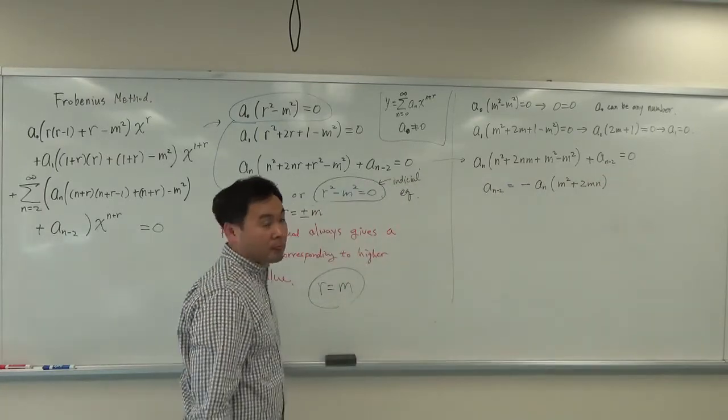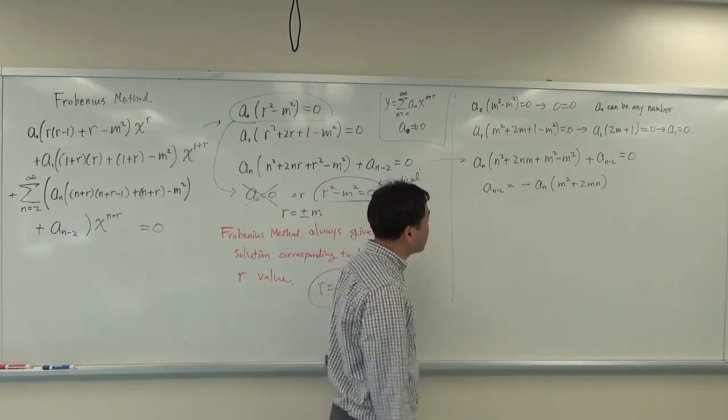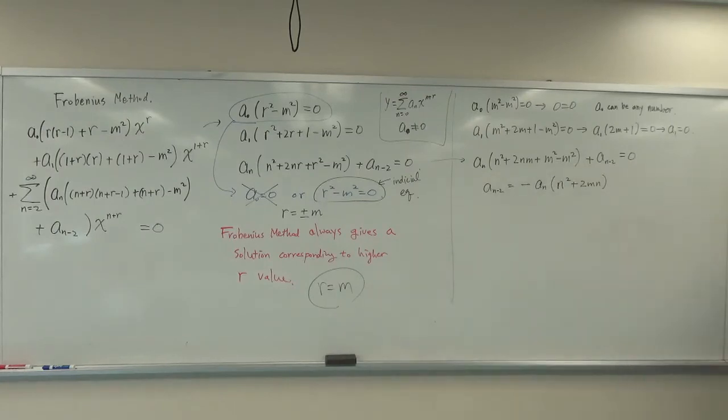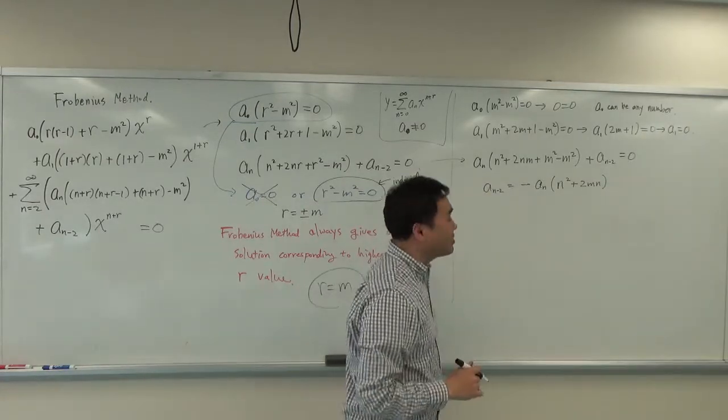Shouldn't it be n squared, not m squared? Oh, sorry, n squared. Thank you so much. It could have been a disaster if that happened. Okay, all right. So you have that.